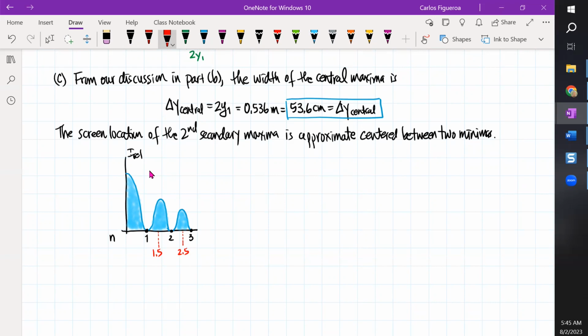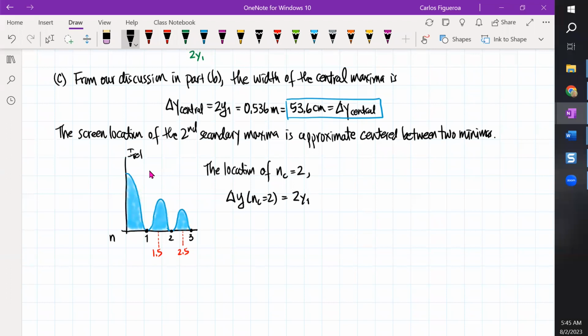So in other words, the location of NC equal to 2: first I have to get to the second minima, so this is going to be 2 times y1.